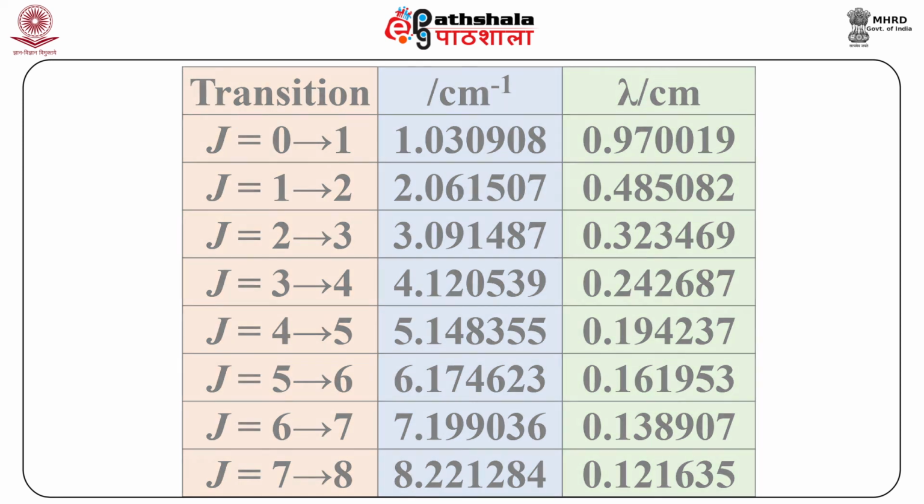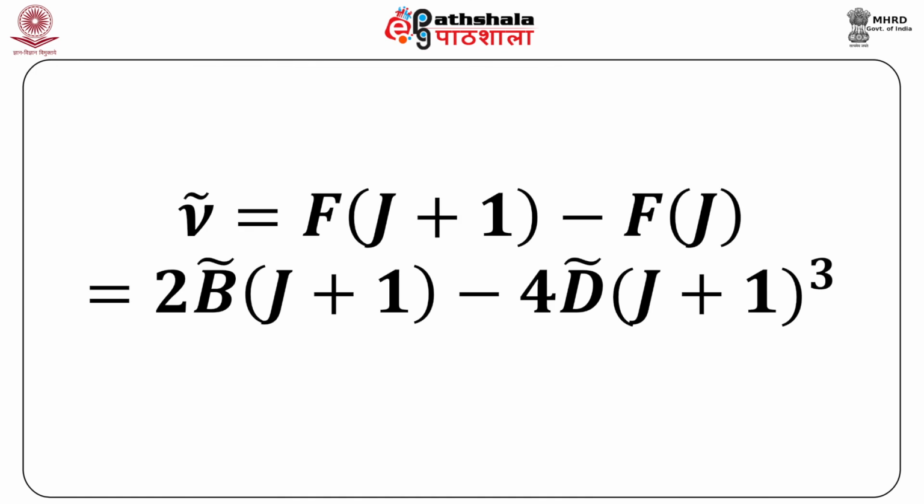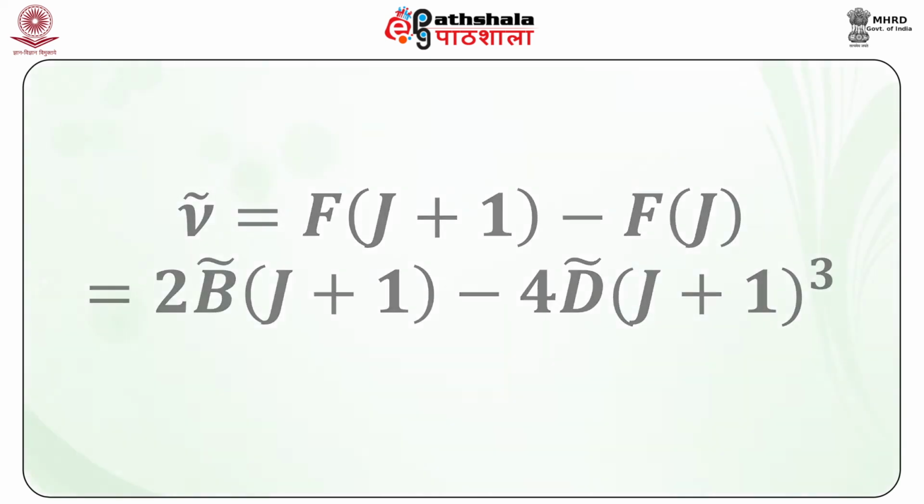If you can find 3 adjacent lines, that means which are next to each other, you can find out the values of all the 3 unknowns, which are j, b bar and d bar: the value of j from which the transition originated, the rotational constant and the centrifugal distortion constant.